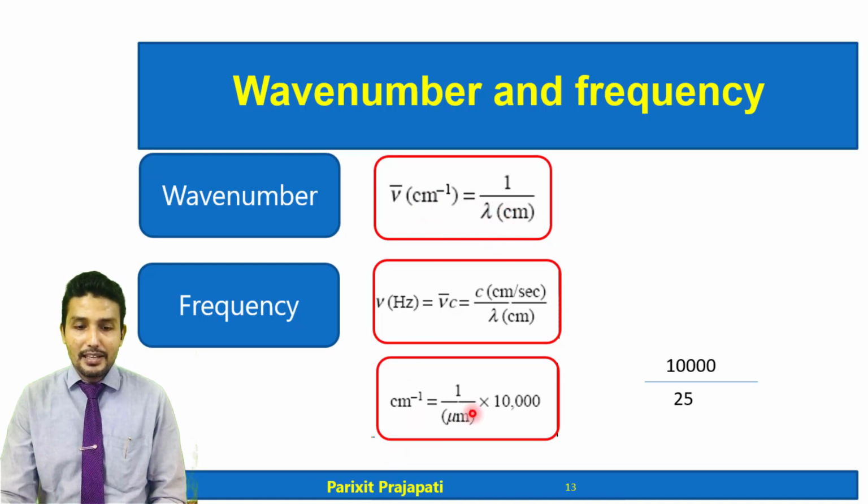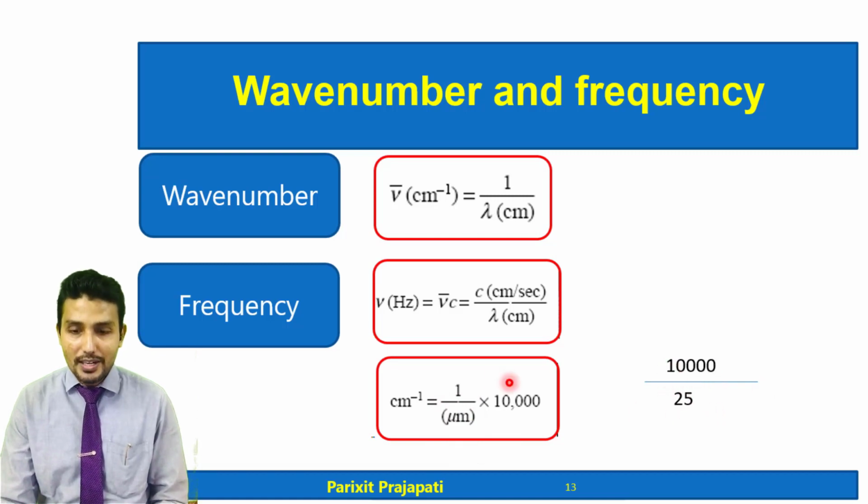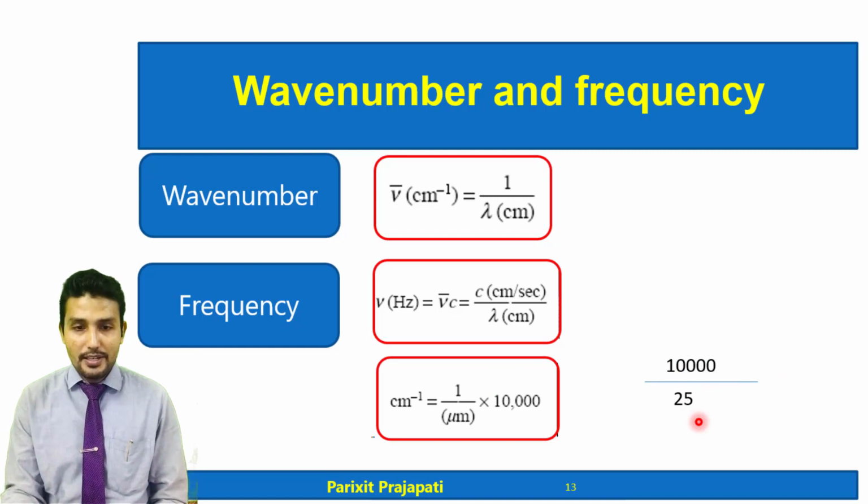If lambda is in micrometers, the wave number in centimeter inverse is 10,000 divided by the wavelength in micrometers. Here the wavelength was 25 micrometers, so 10,000 divided by 25 comes to 400. So the correct answer was 400.